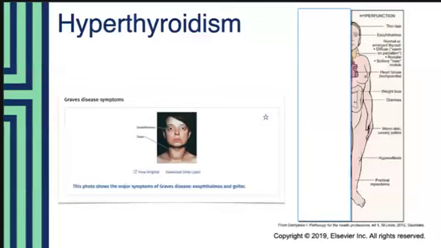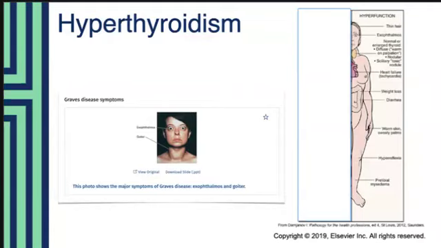That first being the lag of the globe on the upward gaze, or a lag of the upper lid on the downward gaze. And then the second is the infiltrative changes with the enlargement of the ocular muscles. More than half the population diagnosed with Graves' disease are affected by these changes.